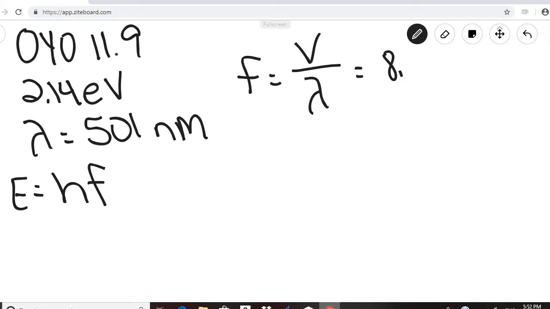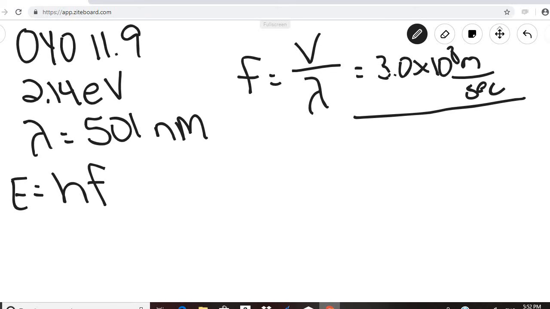So it's going to be 3.0 times 10 to the 8 meters per second. And then we'll divide that by the wavelength, which is 501 times 10 to the negative 9 meters. So meters are going to cancel.